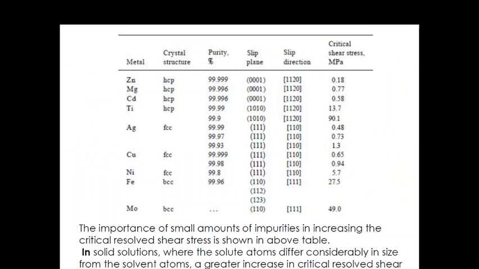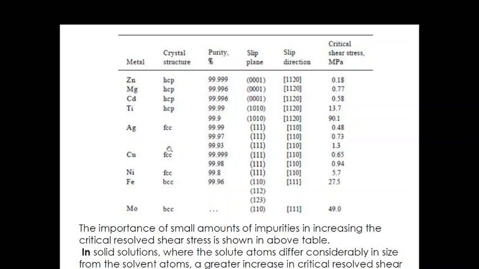The importance of small amounts of impurities in increasing the critical resolved shear stress is shown in this particular table. As you can see, for Ag, the crystal structure is face centered cubic. Purity is 99.99, and in that case the critical resolved stress is 0.48. As the impurity increases from 97 to 93, the critical resolved stress value also increases.